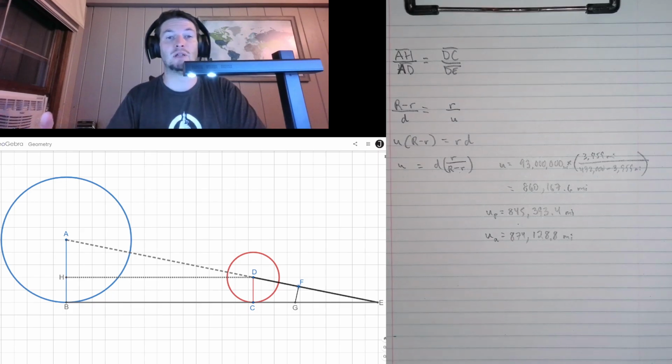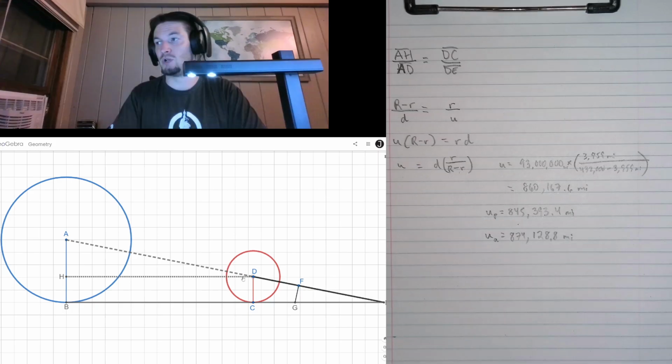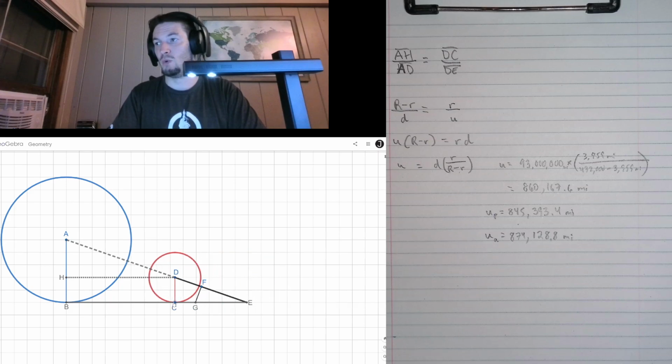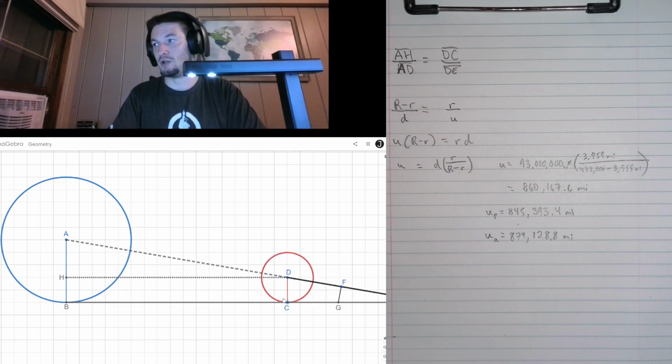So it should be clear to you that the closer an object is to the light source, the shorter its umbra will be. And the further away an object is from the light source, the longer the umbra will be.